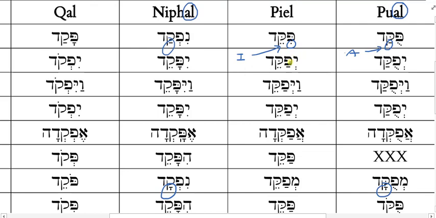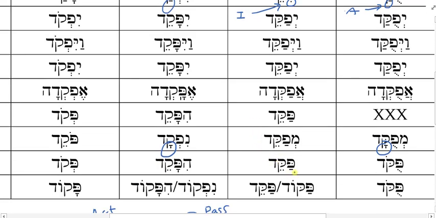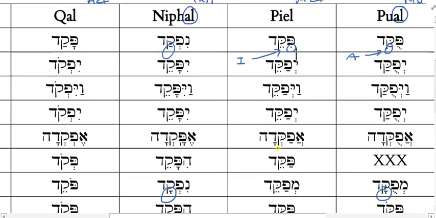Everywhere else, the root 1 has a patach under it: the imperfect, the WCI, the jussive, the cohortative, the imperative, the participle, the infinitive construct, and the infinitive absolute. Root 1 has a patach, an A-class vowel, followed by the tsere. Okay? It is only in the Piel perfect that I get the chireq. So anytime I have a Piel form and I see a chireq under root 1, I know exactly what that is. That's a Piel perfect. It's got to be.